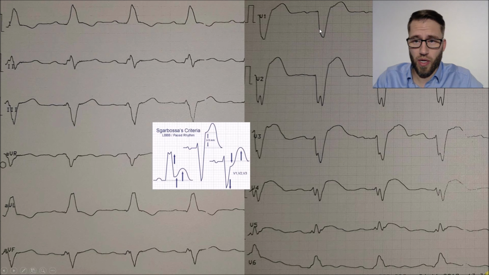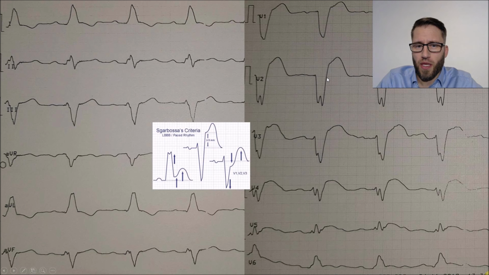But if we have a look at the chest wall leads, then it's getting exciting. We have a discordant ST elevation here. Deep S wave, split S wave, and then a very huge ST elevation here, discordant to the preceding S wave. And do we have the original or modified Sgarbossa criteria positive here? We do.